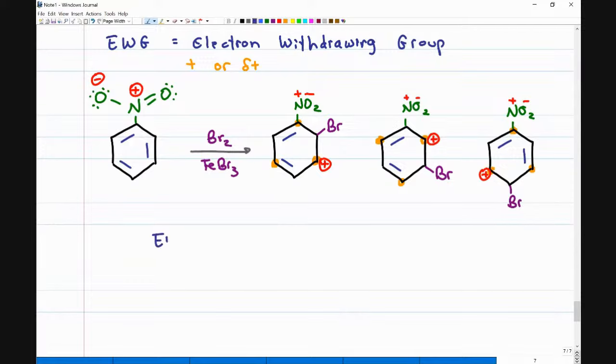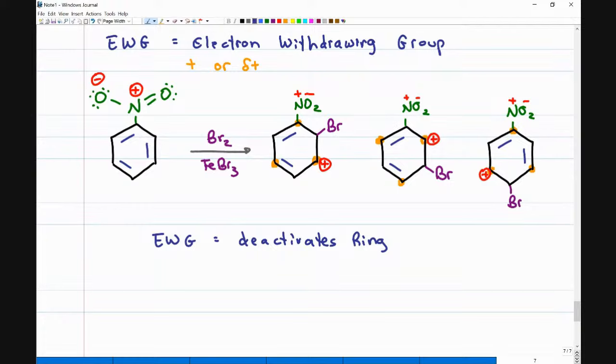So the first rule with an electron withdrawing group is it's going to slow down the reaction. It deactivates the ring. And I want to make sure you understand. Don't just memorize. Why does it deactivate the ring? It deactivates the ring because we're putting something positive next to a positive intermediate, which is a no-no.